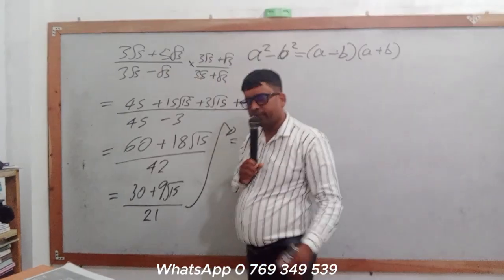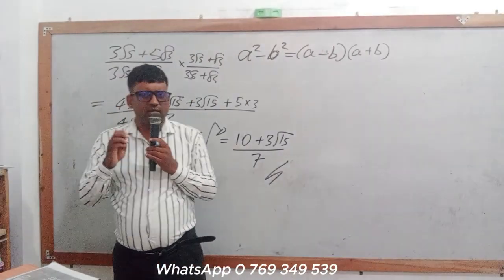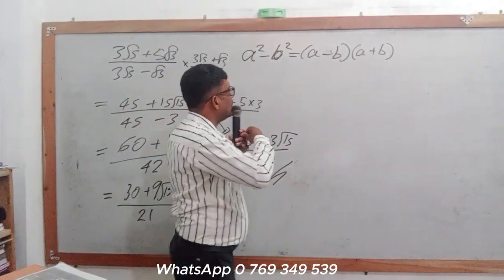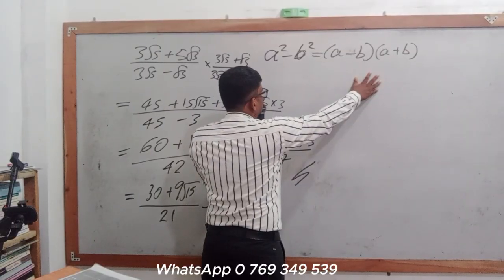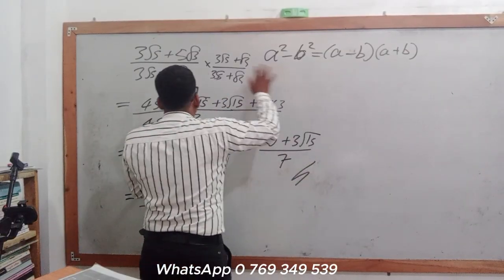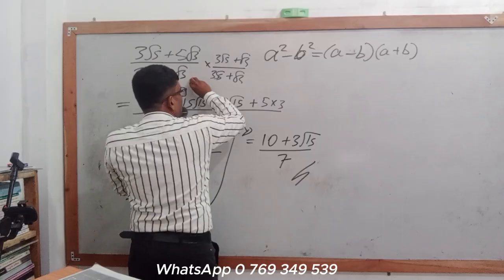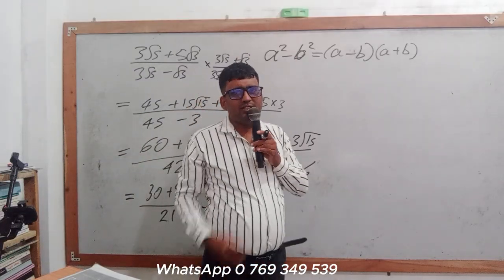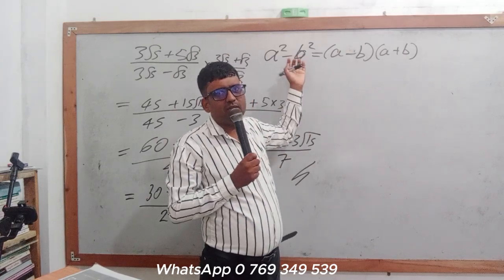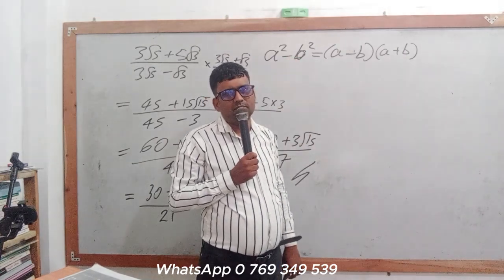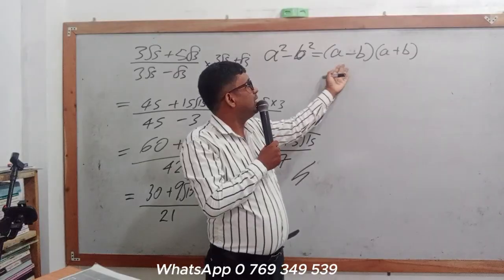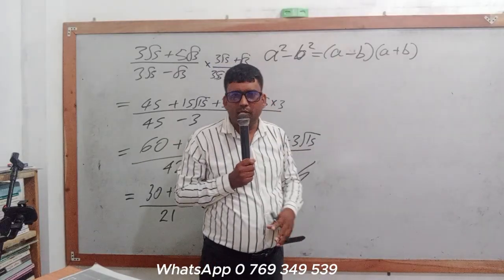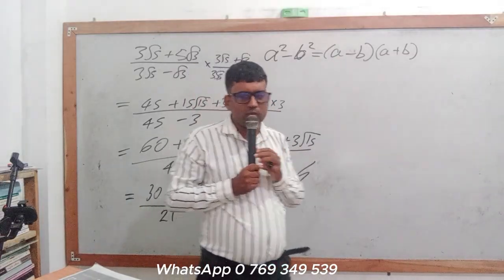Very simple, that is a surd calculation. To rationalize the denominator, you have to use this method only. Always start from this one. You can take the denominator here or here, no problem.